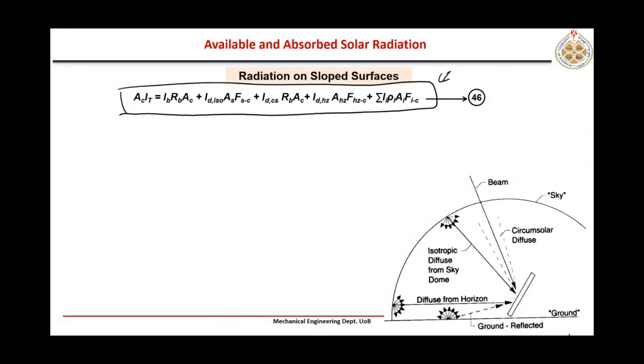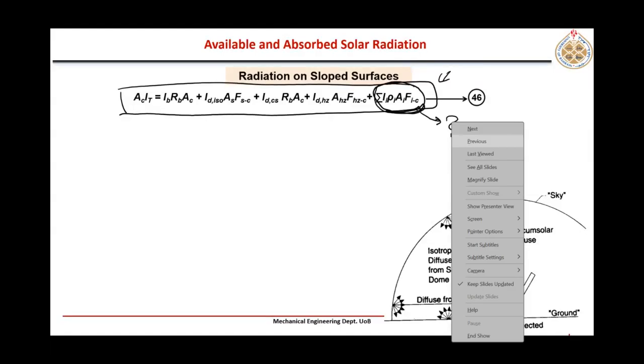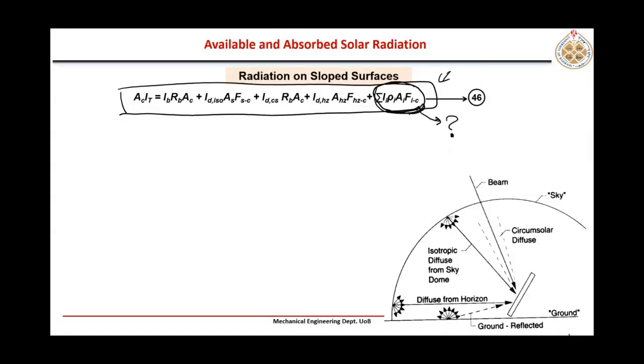First of all, what kind of simplification can we do with this term? Because this is very difficult to calculate or estimate as there are so many surfaces in the surrounding of that solar collector. So it's nearly impossible to find out the reflectances and areas of all those surfaces.